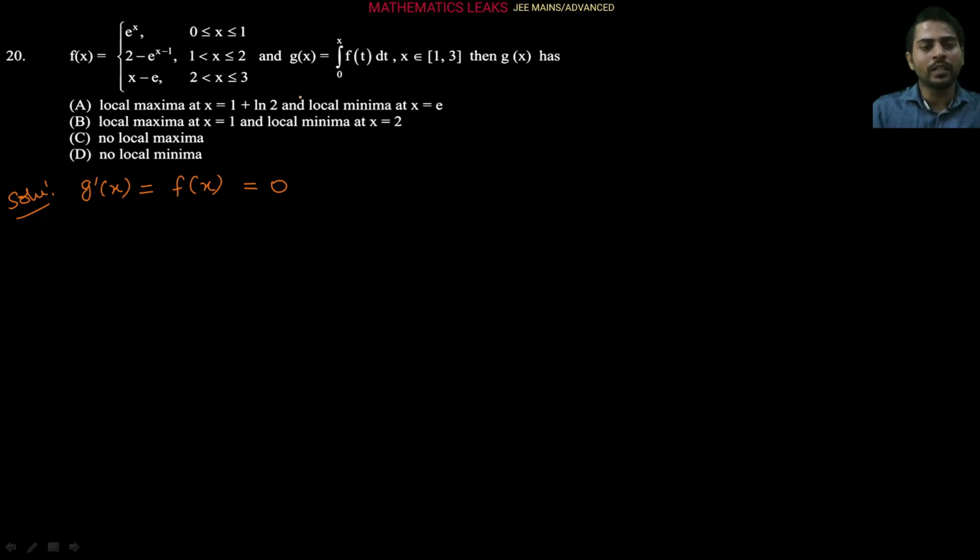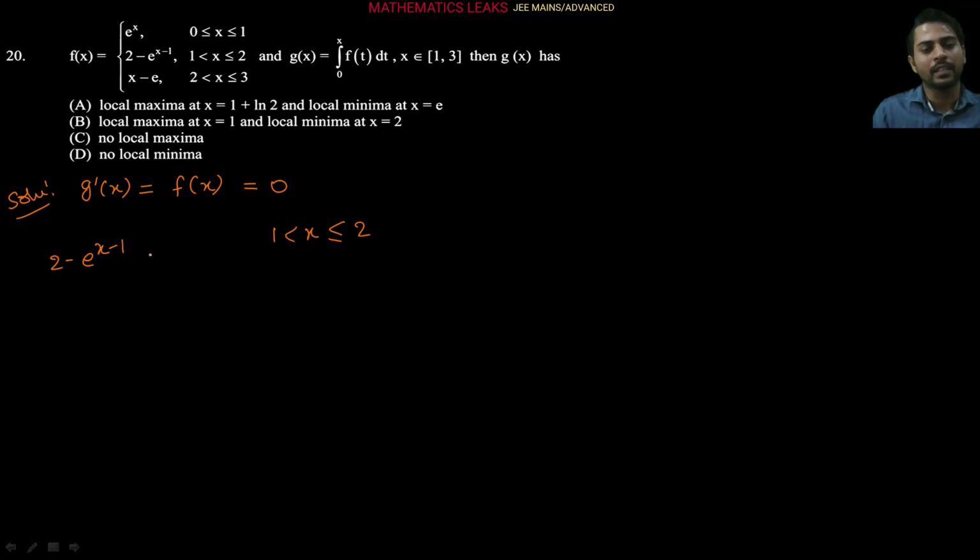Now in between 1 to 2, open interval 1 to closed interval 2, when we are seeing f of x is this, now f of x must be 0. So in the interval we are writing x greater than 1 and less than or equal to 2. So f of x equals 0 means 2 minus e to the power x minus 1 must be equal to 0.